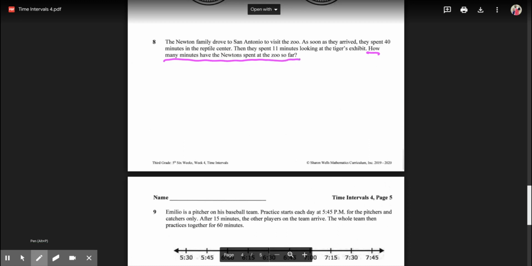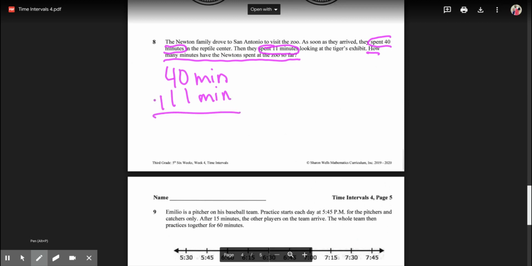So we know that as soon as they arrived, they spent 40 minutes at the reptile center, and now they've spent 11 minutes looking at the tiger exhibit. So 40 minutes were spent, and then 11 minutes were spent, and it doesn't mention any more time.